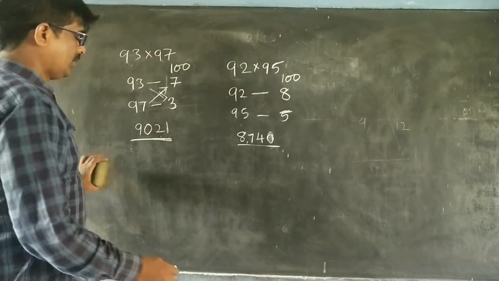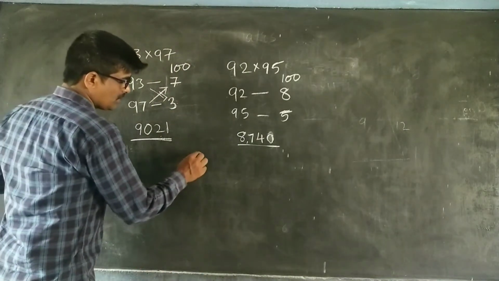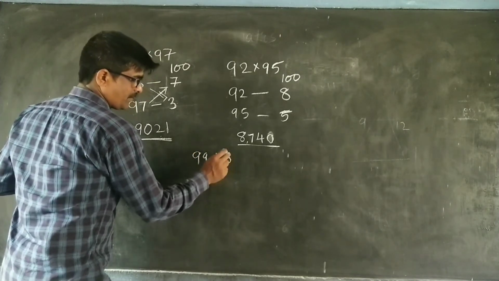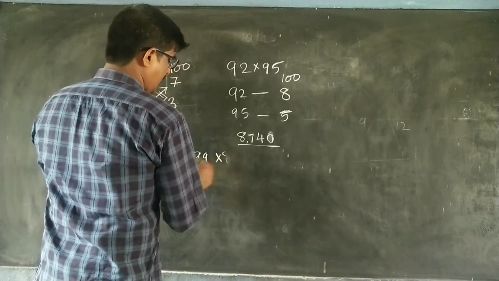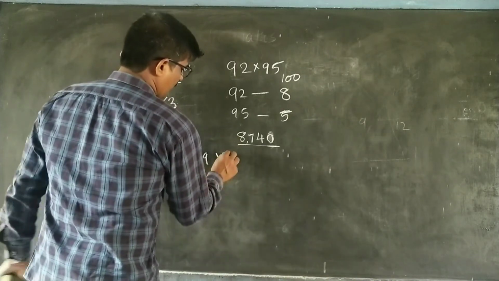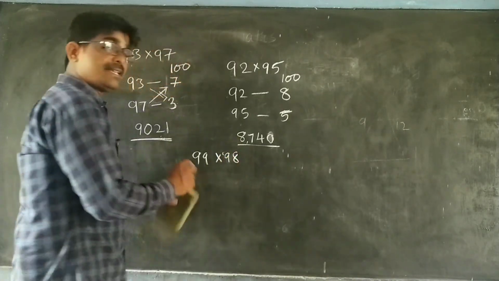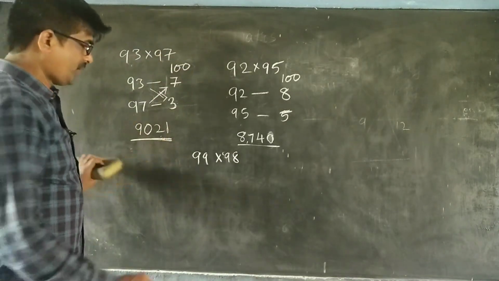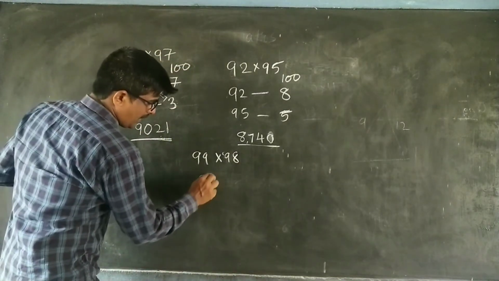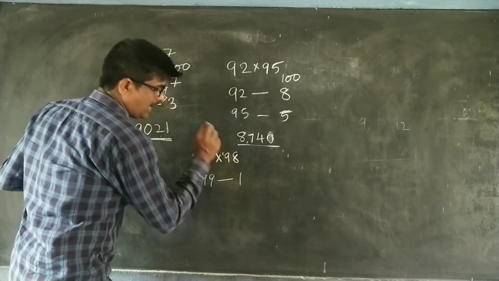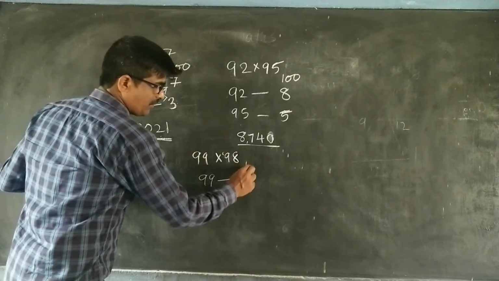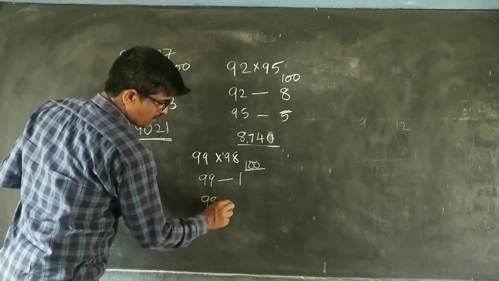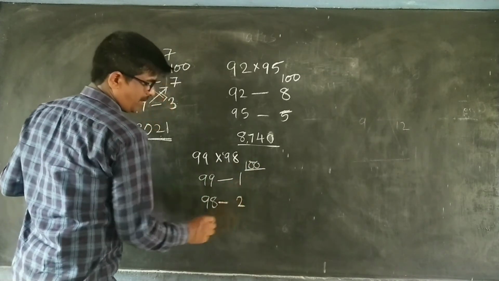If I take another number, 99 into 98, how do we have to multiply? Your base is 100 only; next we will also take base 1000. First, 99 is 1 less than 100, and 98 is 2 less than 100.